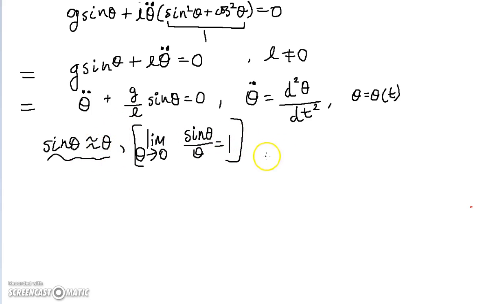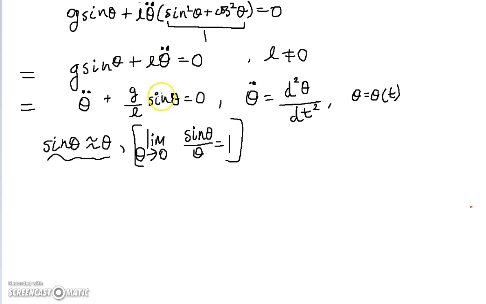So, given theta is a small angle, I'm not actually going to prove this result in this video, but if you like, you can take a small angle in radians, something like 0.005 radians, and put it in your calculator, work out sine of 0.005 radians, and you'll get a result that's pretty close to 0.005.